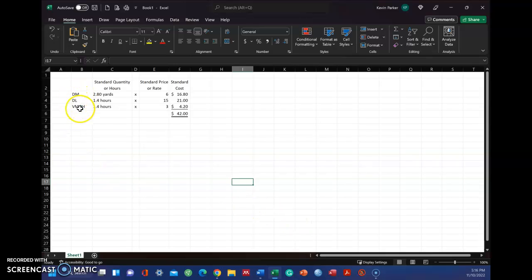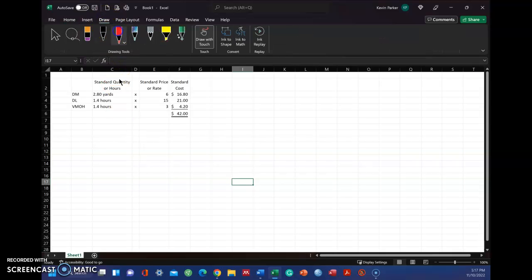Naturally, there are 3 components that we're looking at: direct material, labor, and variable overhead. Just like I showed you, the standard for direct materials is 2.8 yards, and 1.4 hours for each of direct labor and variable overhead, which we had to calculate. If you calculate direct labor and get 1.4, then it's also 1.4 for variable overhead.